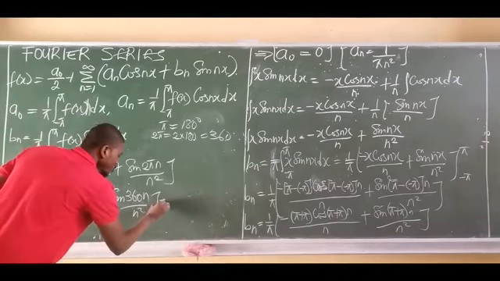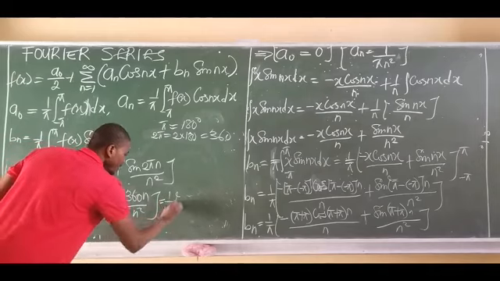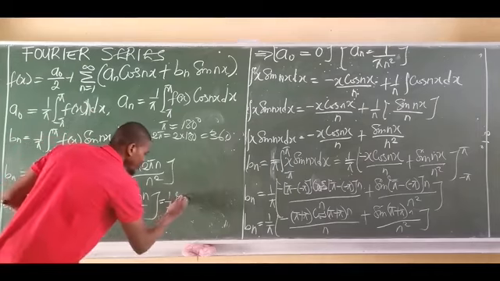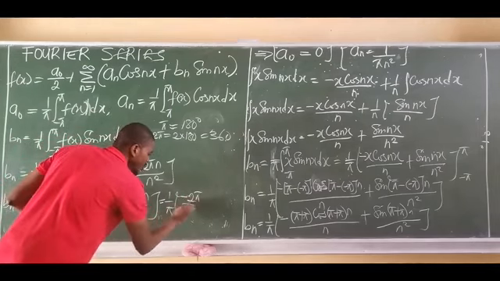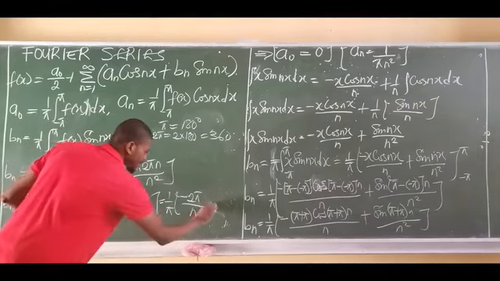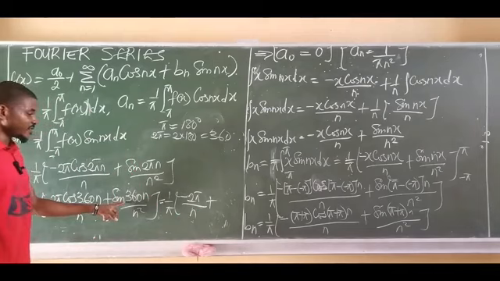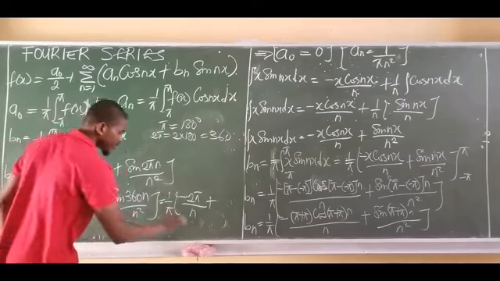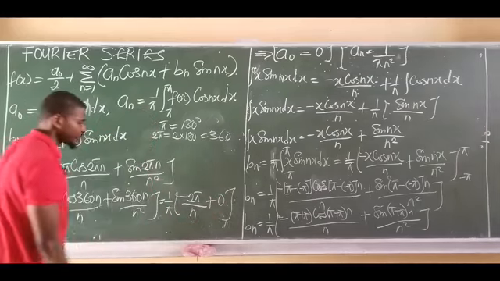And this is equal to 1 all over pi into, mind you, cos 360 is equal to 1, 1 times minus 2 pi becomes minus 2 pi all over n, plus sine 360 is actually 0, so everything there becomes 0.